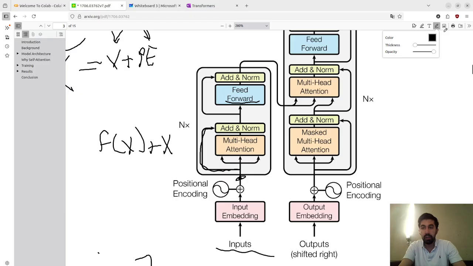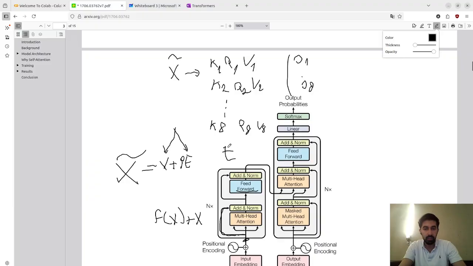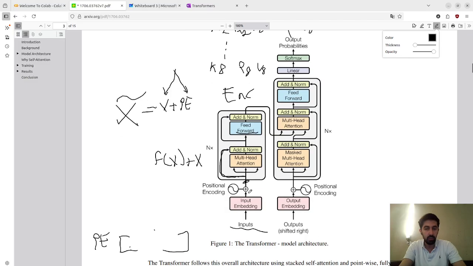Now, the first part of the transformer is called the encoder. So this is the output of the encoder. We have x bar, we do multi-headed attention, then we inject it into a fully connected neural network, and we have the output of the encoder.